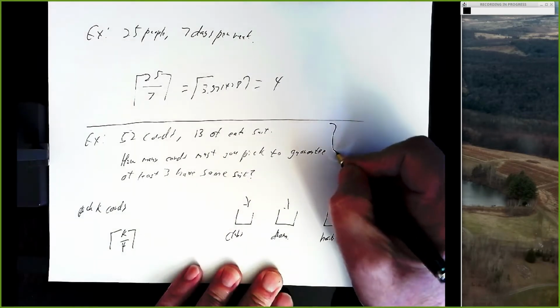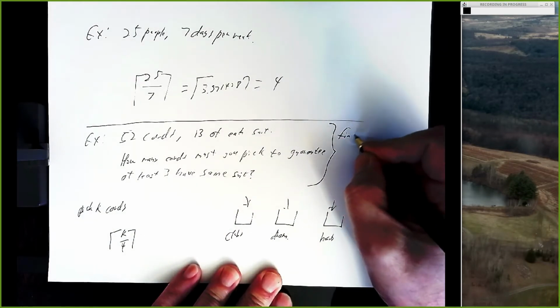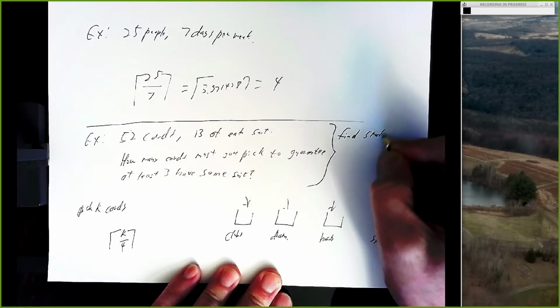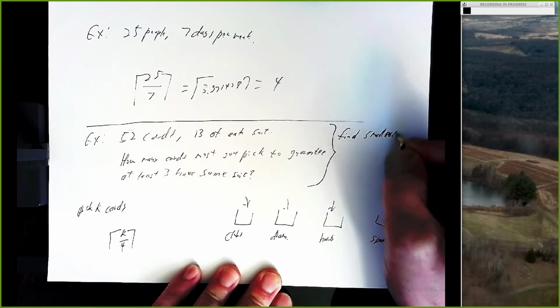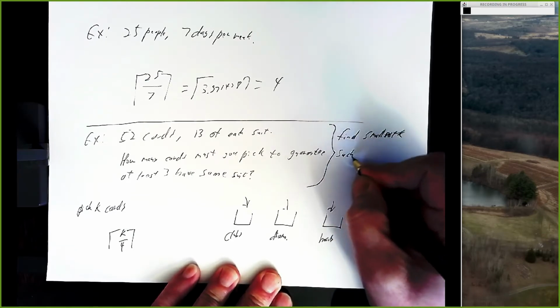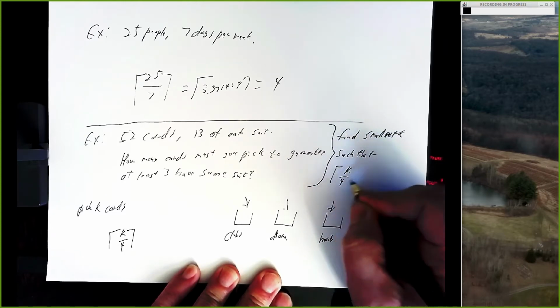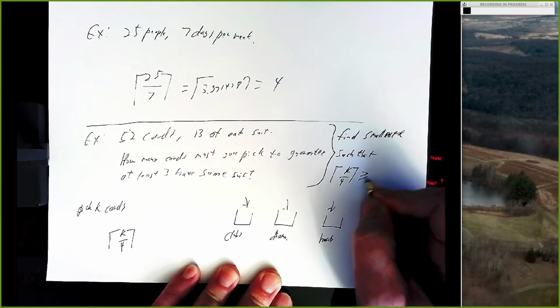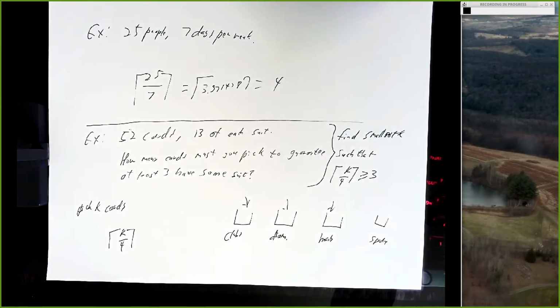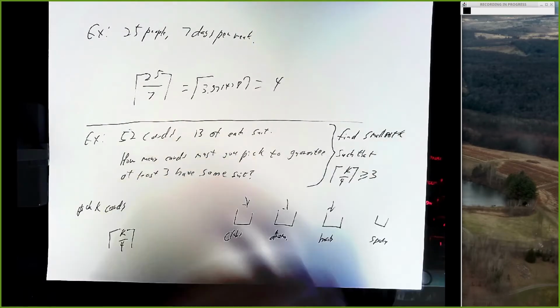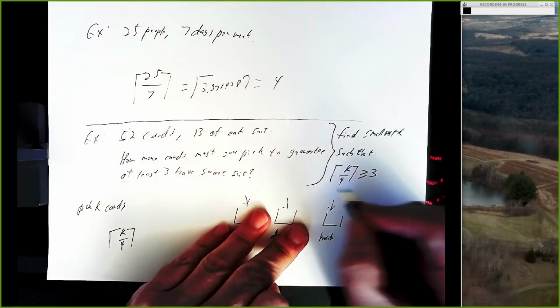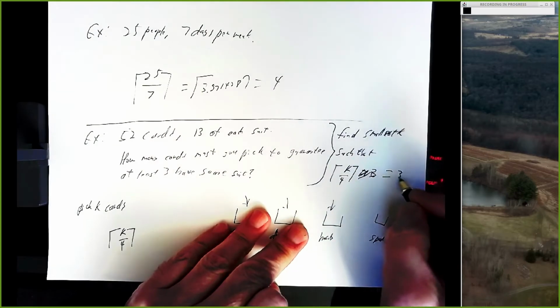So this question can be rephrased. Find the smallest k such that this is greater than or equal to 3. Well, the smallest k for which this is true will be the smallest k for which this is equal to 3.